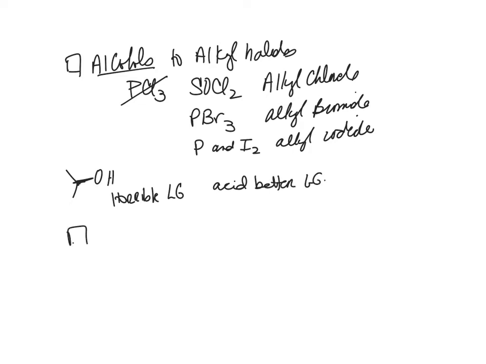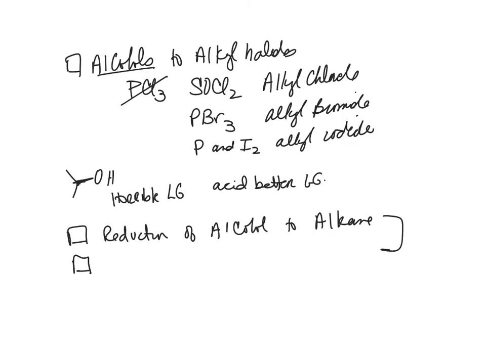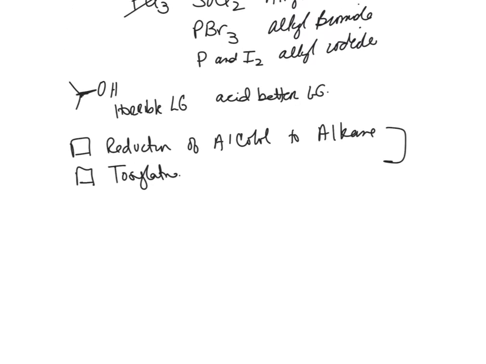So the other reactions you're going to do is you're going to do reduction of the alcohol to an alkane, and then this is going to be done together with a tosylation reaction.